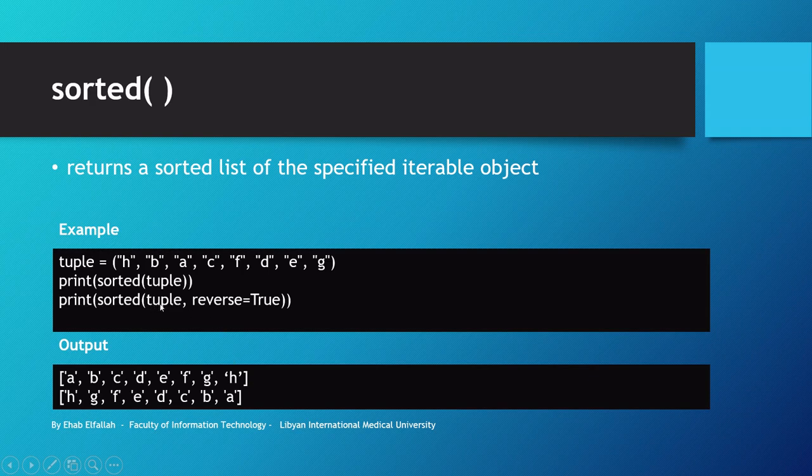And we can also sort in reverse, so the biggest one will be at the beginning. So here H, G, F, E, it's reverse equals True. So the second argument we can pass to the sorted function is reverse equals True.